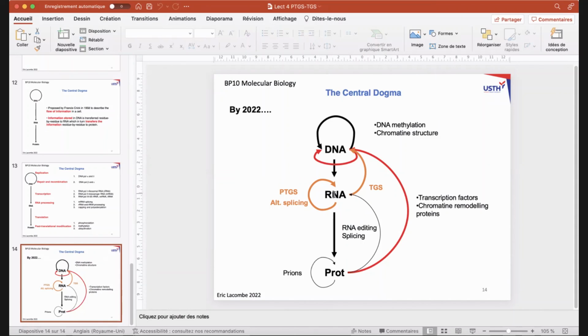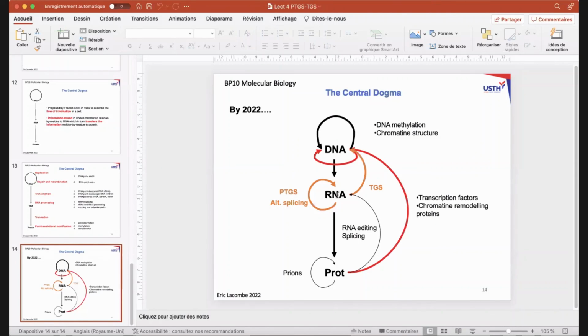We also saw very quickly that the information stored in RNA can act on DNA. When I said that some small RNAs can be the guide of de novo DNA methylation or chromatin remodeling, it means that they are implicated in information flow from RNA to DNA.